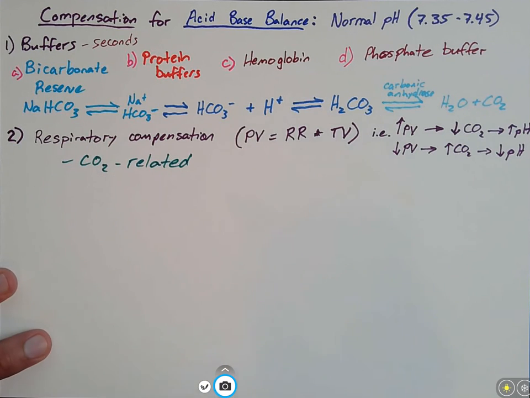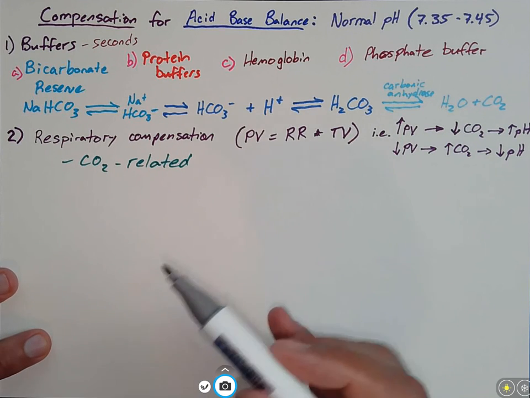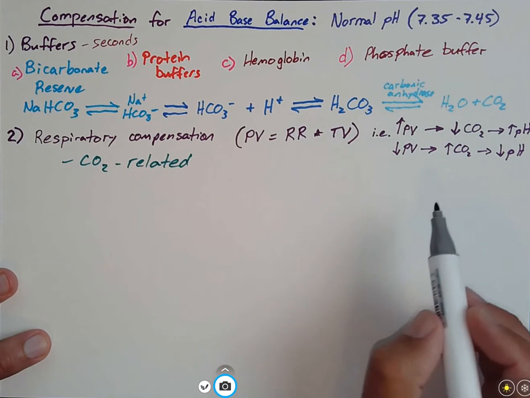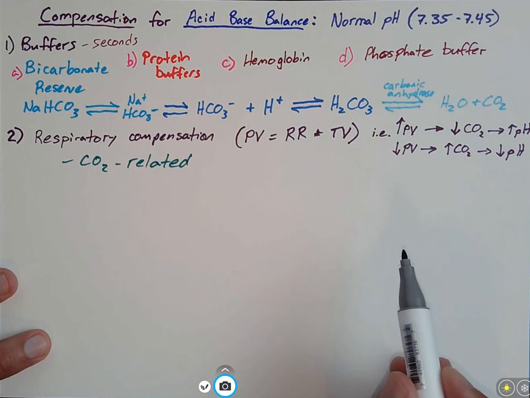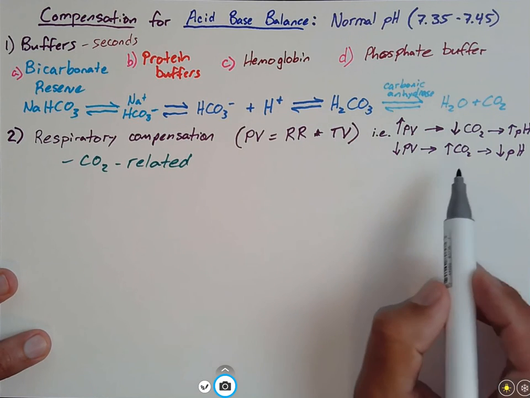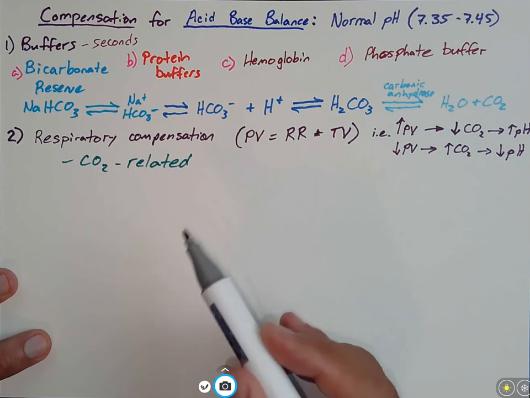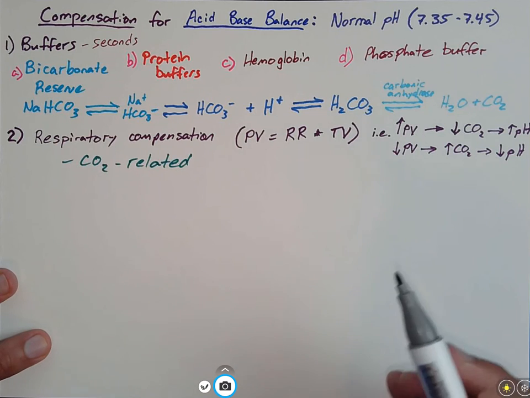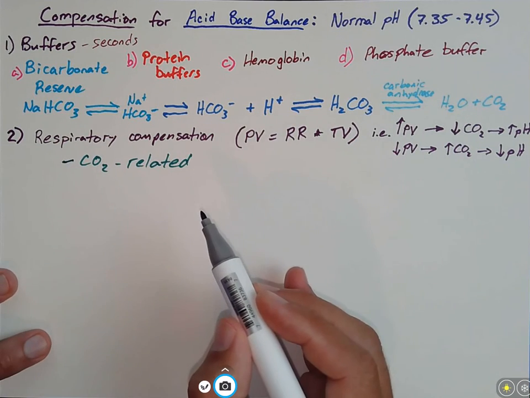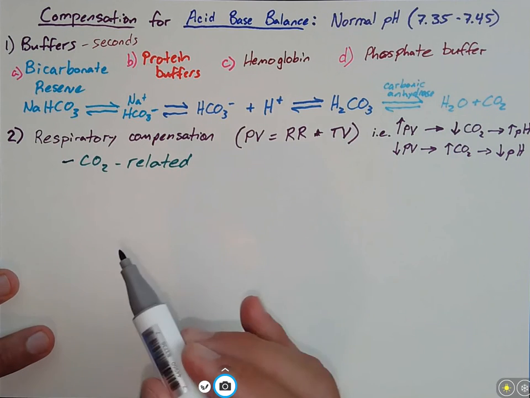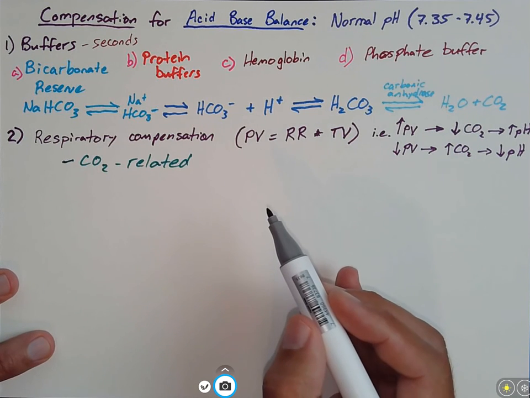So what if you have another source of acid? Maybe it's lactic acid or ketone acid. Well, now we're still putting hydrogens into the blood and we can still get rid of more CO2, but we're doing that through a CO2 related mechanism, not by getting rid of the original source of the acid. So the respiratory system can help fix those problems. But what if it's a CO2 related problem?